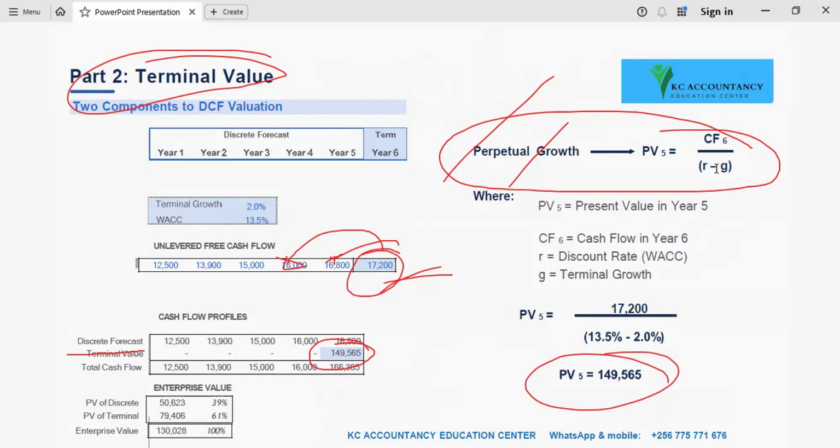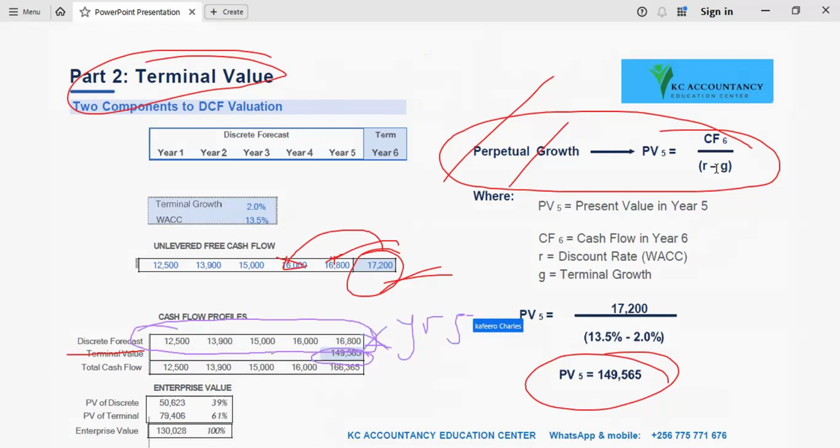Because you are seeing this figure here, we need to put it back to our cash flows. Remember, these are our discrete cash flows, and they were going up to year 5, meaning there are some values that have been added on that last year of year 5.